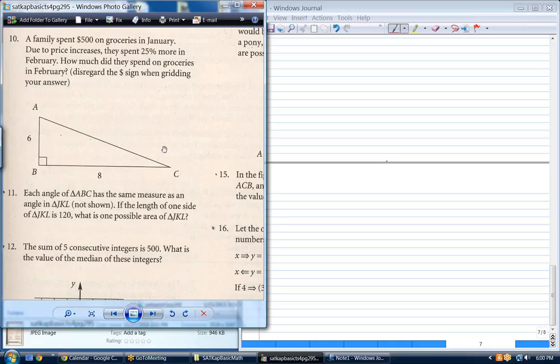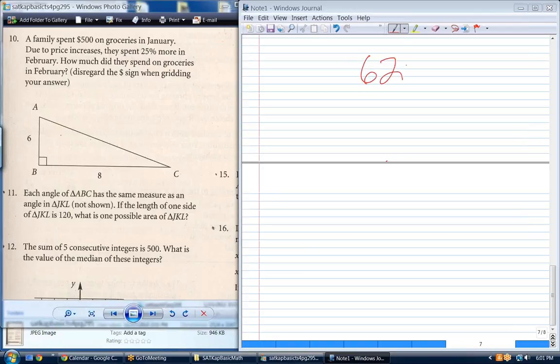We would just have to find what 25% of $500 is, which is $125. So we add that to 500, which is 625.